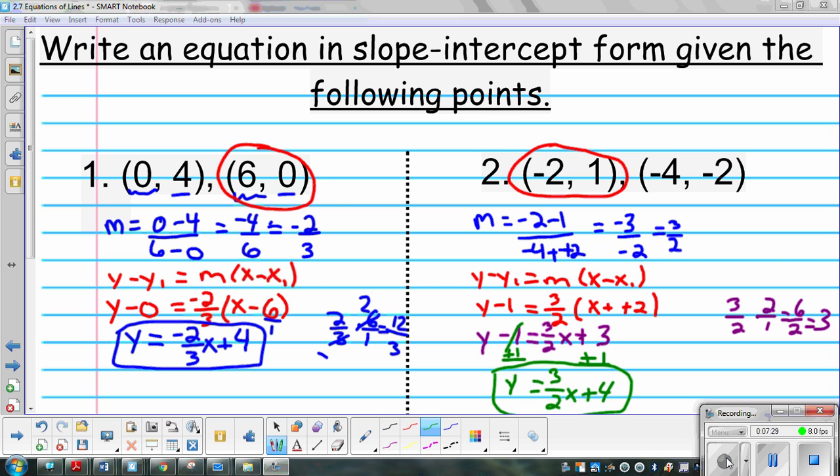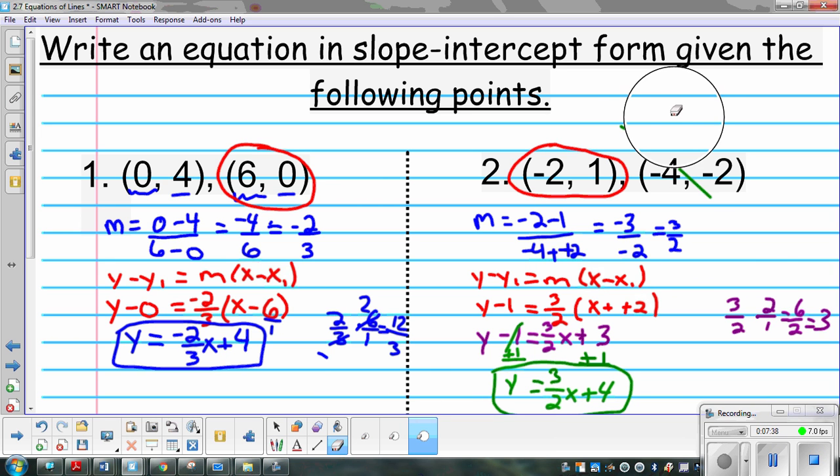So let's take a moment and see how you did. I did choose the point (-2, 1) once I was ready to pick a point. It does not matter if you chose that point or the second one, but let's see how we did. Once we found the slope, y minus y over x minus x, did you find a slope of a positive 3/2? Remember, a negative over a negative does simplify to a positive slope.